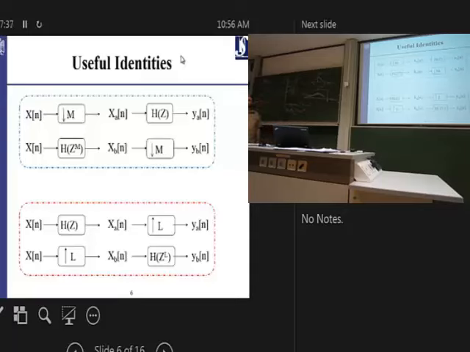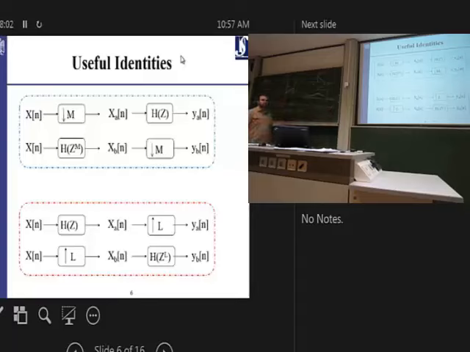In case that h of z and h of z to the power of m is like an FIR filter, we can demonstrate it using a polynomial. In this case, for example, we have h0, h1 z minus 1, h2 z minus 2, and so on.